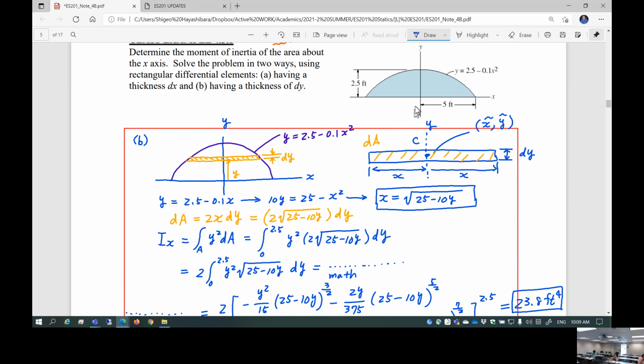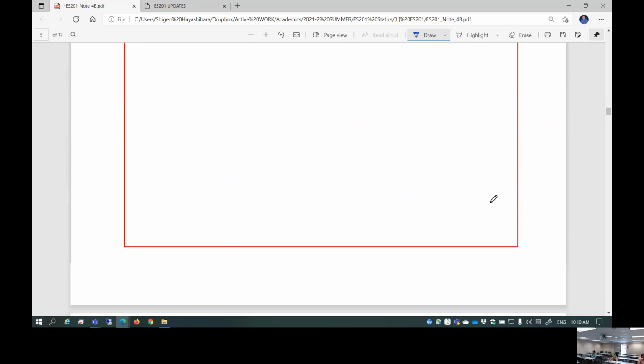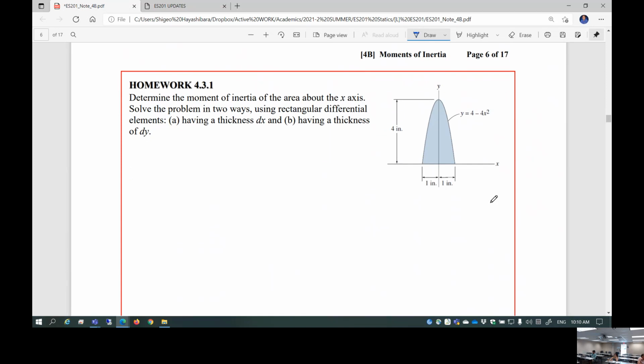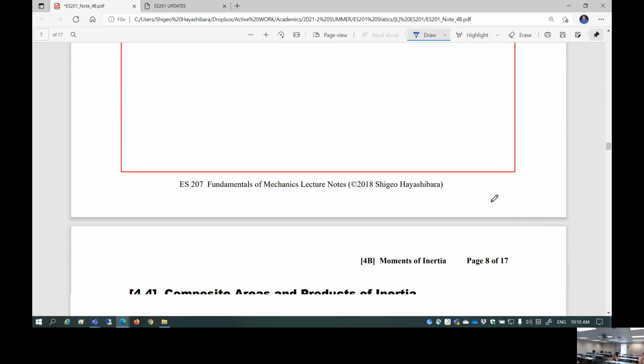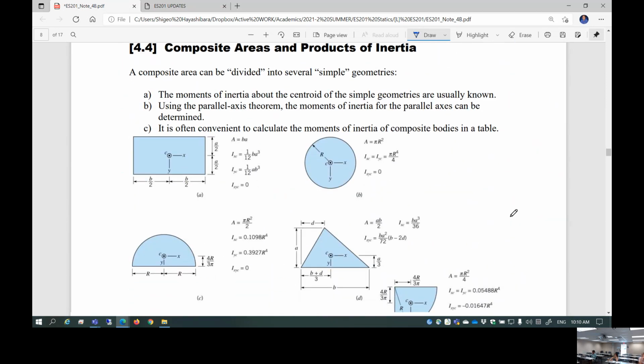But it's not as simple as this, because if you do such a thing, you have to apply the parallel axis theorem on it. Okay? So before moving on to part A, let's just scroll down a little bit. Scroll down a little bit more. This one, composite areas. So you need this information first of all.